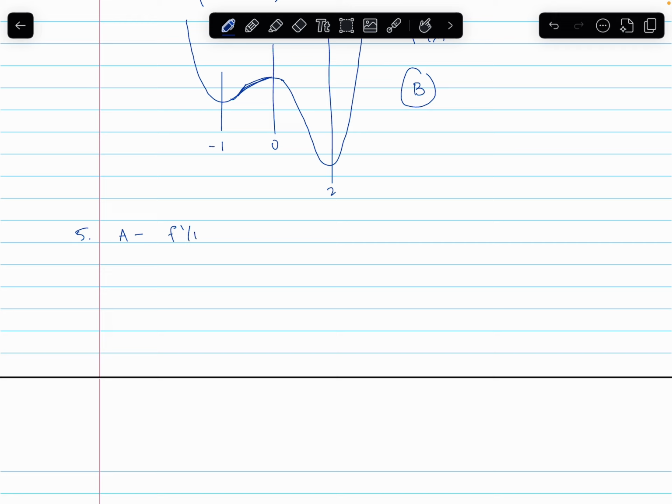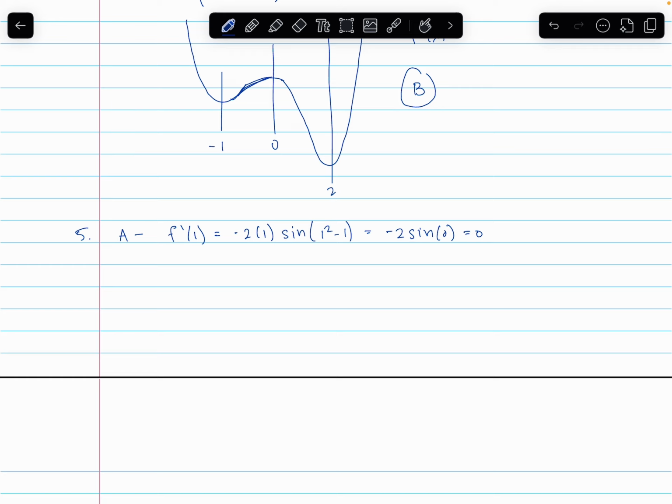Let's find f prime of 1. F prime of 1 in this case would be negative 2 times 1 times sine of 1 squared minus 1. That's going to be negative 2 times sine of 0, and that's all 0. So it is a critical point.